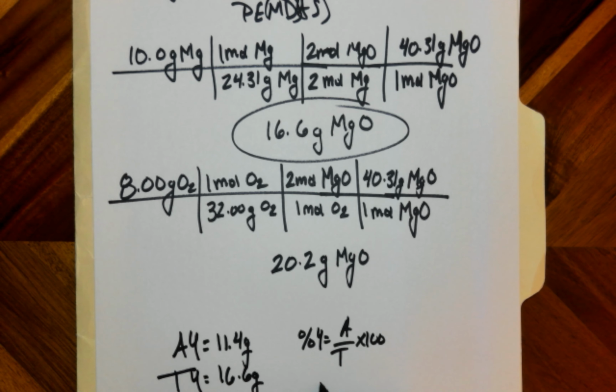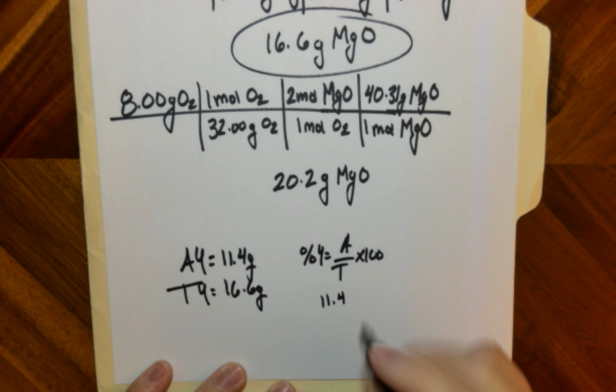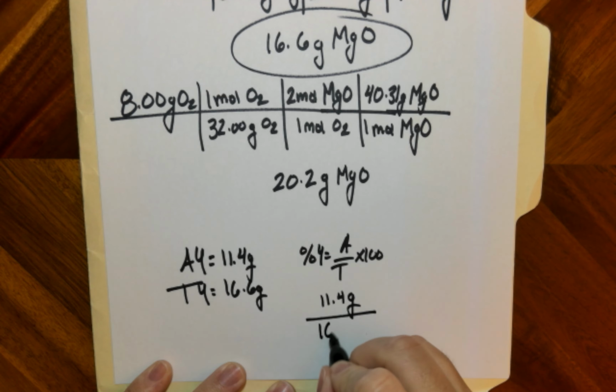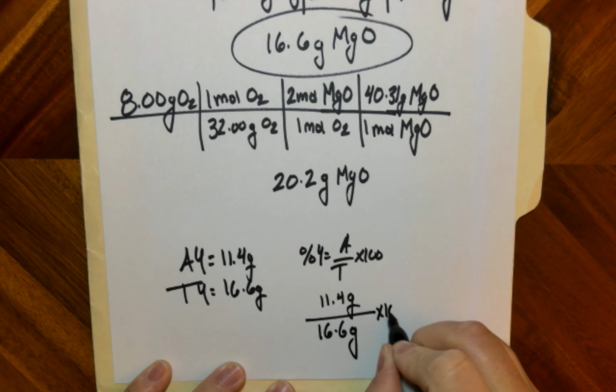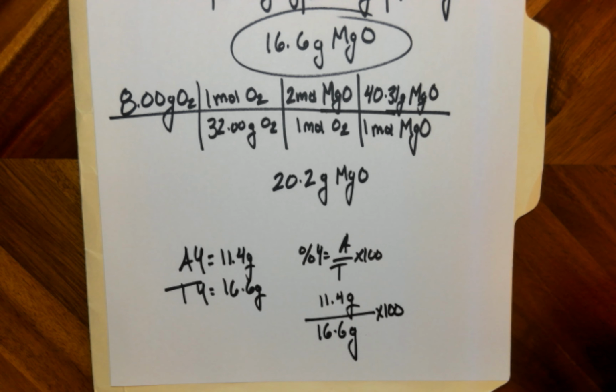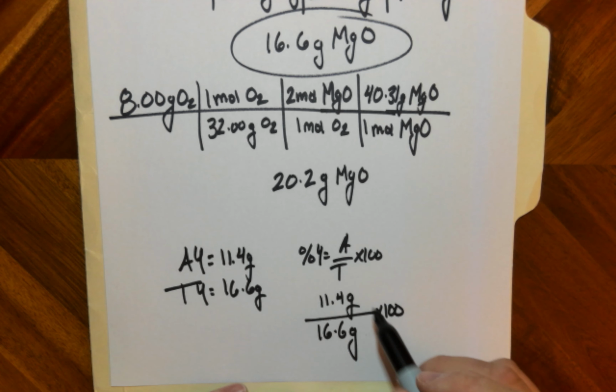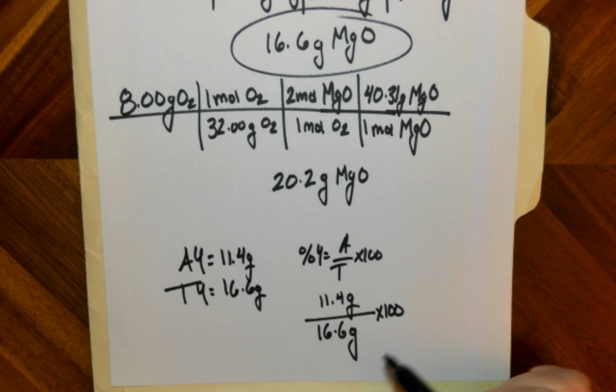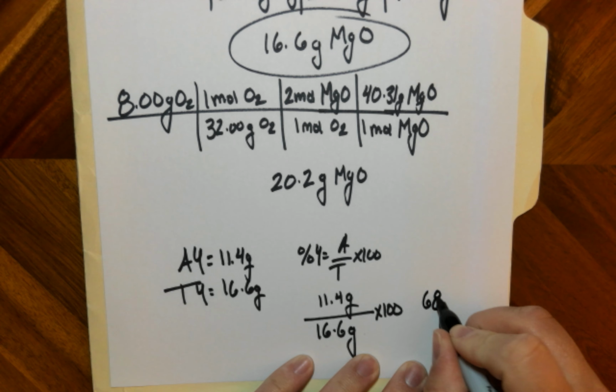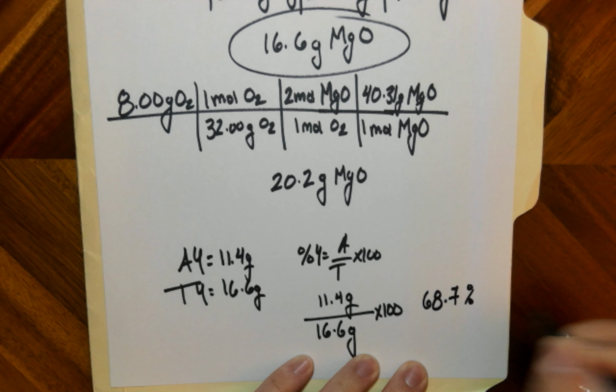So we can do 11.4 grams divided by 16.6 grams times 100 to get my percent yield. A lot of this should seem familiar to you. A lot of it should just be what we did last time. Nothing crazy. This is the only new step, and this new step puts us at 68.7%.